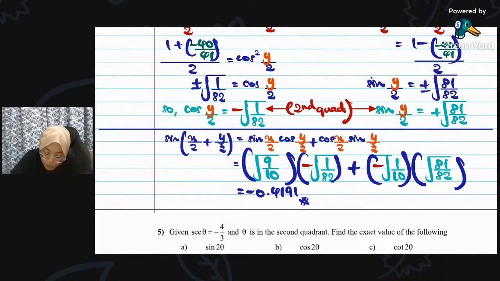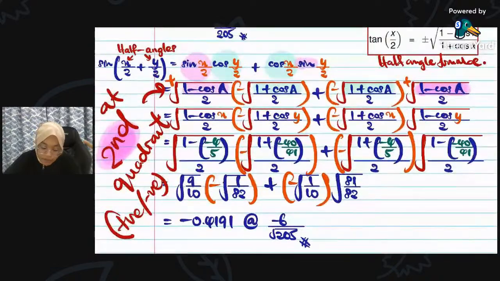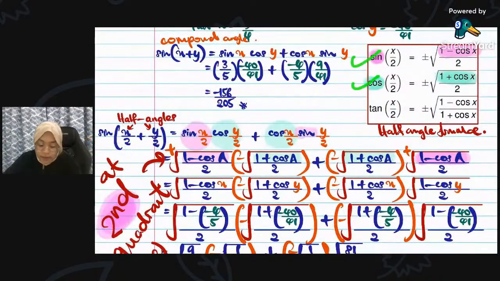You can use manual method or you can use the formula method that I've given you, the new method yang lebih cepat dan lebih laju sebab kita dah rearrange awal-awal. Jadi tinggal pakai formula yang baru ni je. Susunan half angle yang baru je.